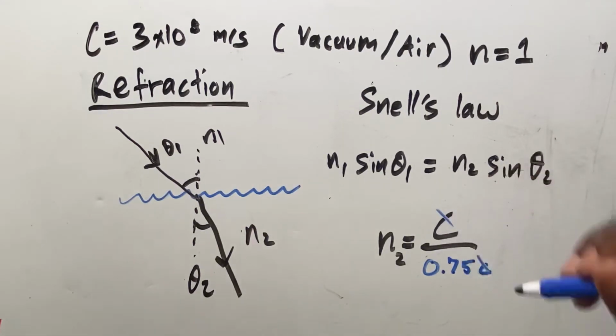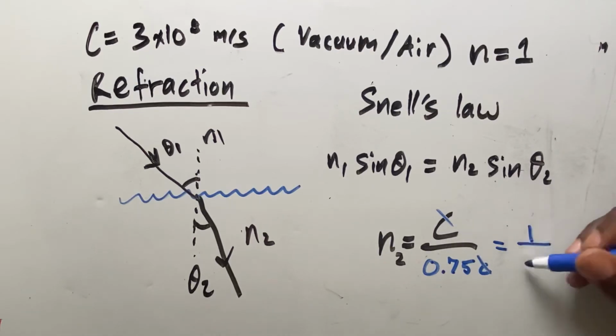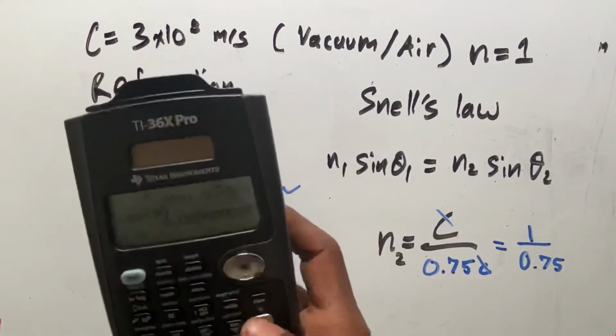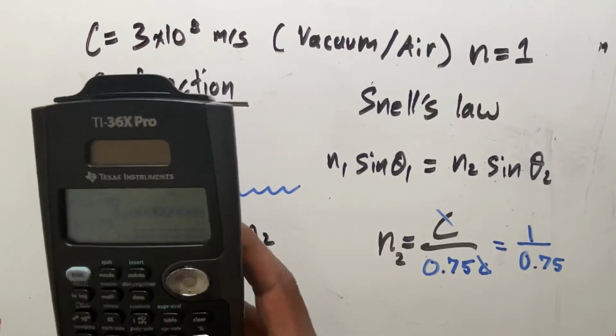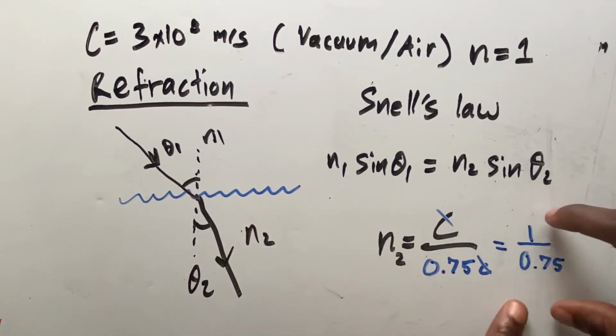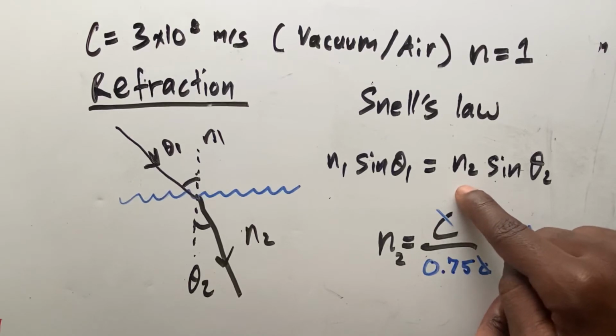So these c's cancel out, and N2 is 1 over 0.75. Let's see what that gives. So that gives us about 1.33. So boom, the index of refraction for water is this value. So that's going to be our N2.